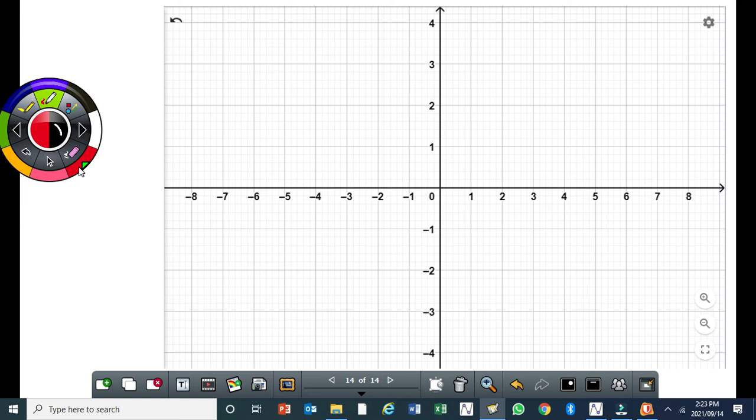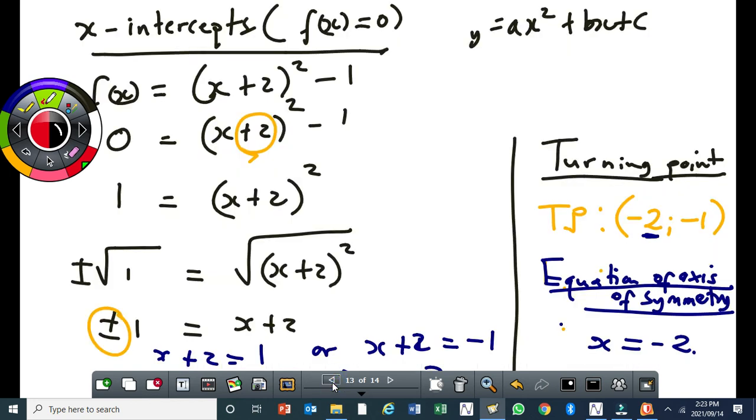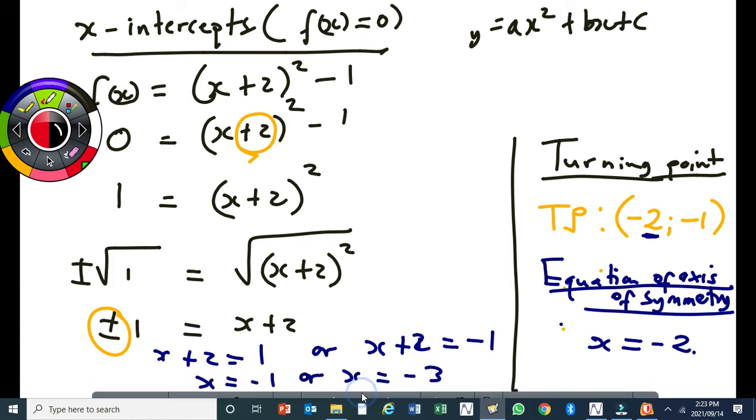Right? I'm plotting first. Okay? So I have x equal to -1 as an x-intercept and x equal to 3 as an x-intercept. I also have my turning point at x equal to -2. Let me check that. Okay.